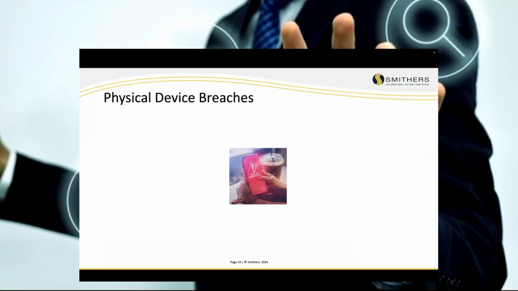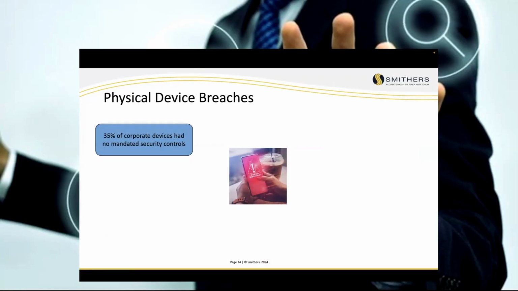Physical device breaches. Everybody says, well, I know where my phone is. I have tracking on my phone. Yeah. About 35% of the corporations out there today, the corporate devices out there, have no mandatory security controls. They're not enforcing it. I'm going to tell you, if you're an ISO 27001 or you're a CMMC client and you have corporate devices with no mandatory controls on, you just got yourself a major nonconformance.